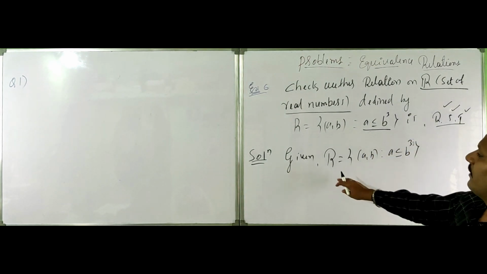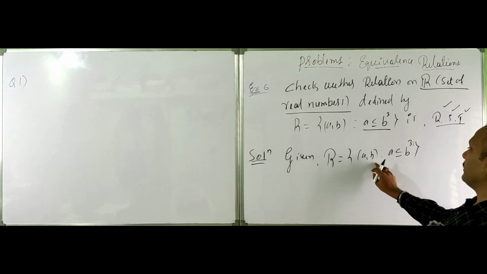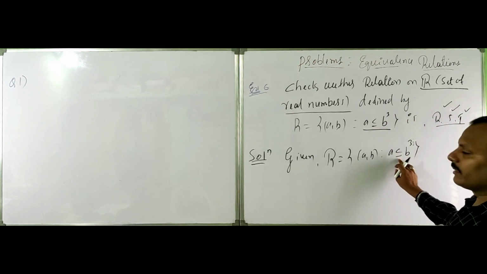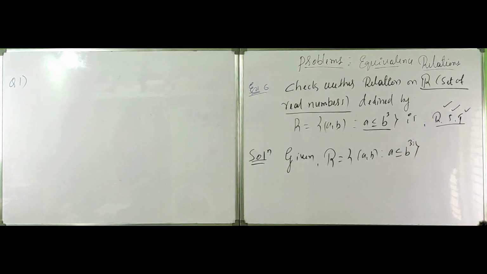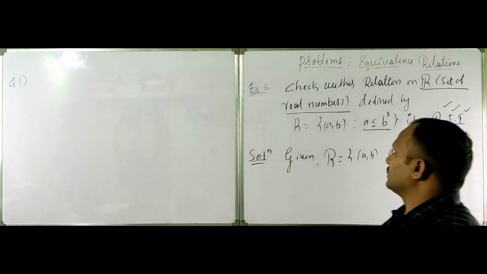R is equal to the set of (a, b) such that a is less than or equal to b to the power 3. We have to show (a, b) belongs to R, where a and b belong to the set of real numbers.